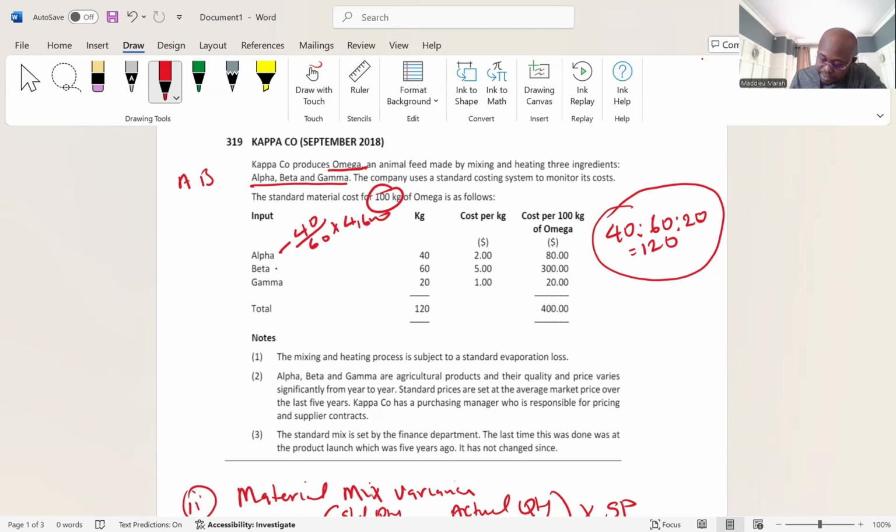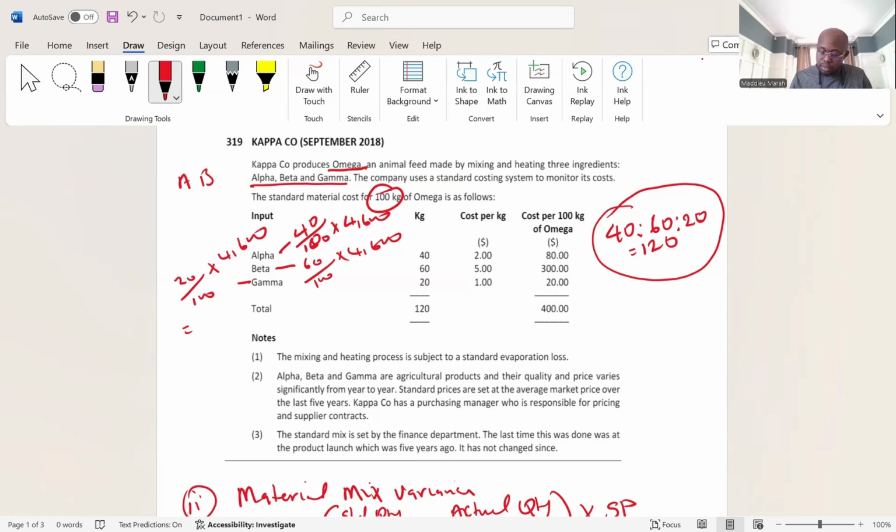And for beta, how much? 60 upon 100 at 4,600. And for gamma, it's 20 upon 100 at 4,600. What's the answer?